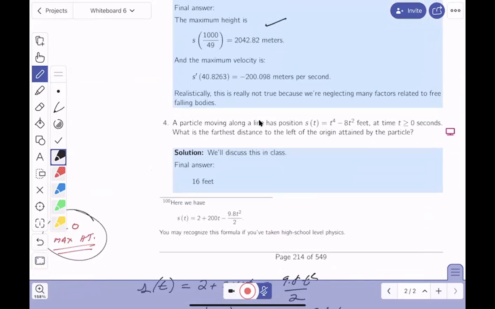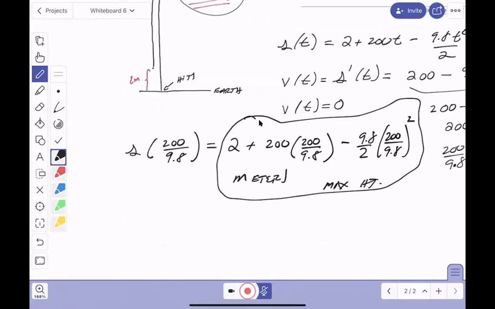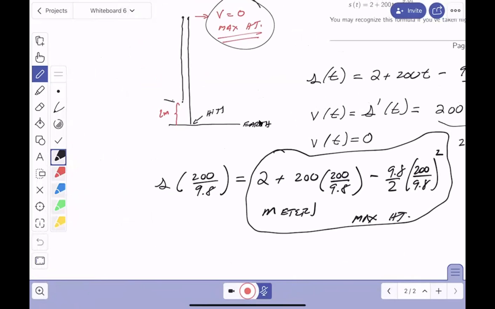Now, what I want to do is talk about the maximum velocity. By the way, the initial velocity is 200 meters per second, and it's moving up. The velocity there is 0. Then what does it do? It comes back down. The velocity at this position over here would be minus 200 meters per second.